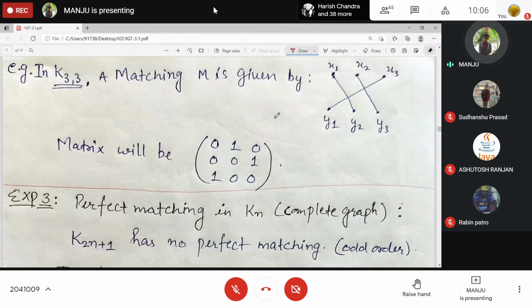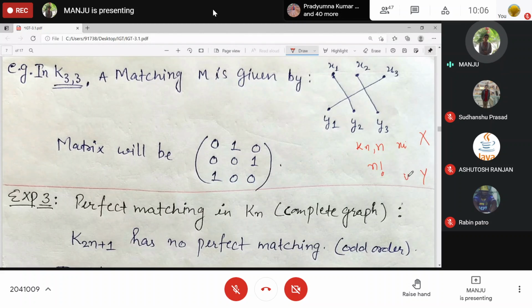Okay. And we discussed the perfect matching in K_{n,n}. So this is a 2n order graph. Vertices from here and vertices from here. How many perfect matchings exist? n factorial, right? These n factorial matchings, you can just say each one is (xi, yi), where xi comes from the X partite set and yi from the Y partite set.